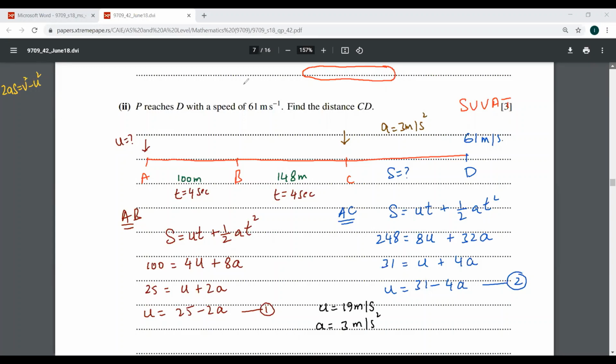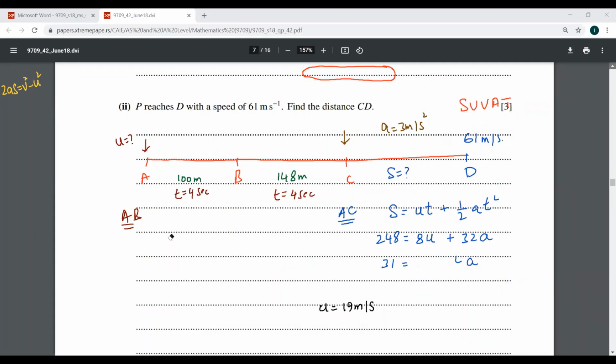Okay, so I need to erase this before I do that. So we have the initial speed there, which is going to be 19. I'm just going to keep it and erase the rest of this. So this speed over here is 19 meter per second.